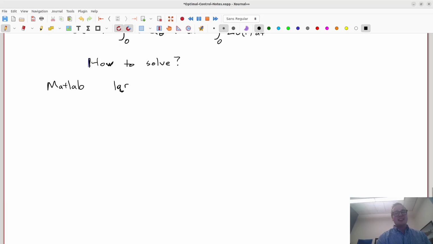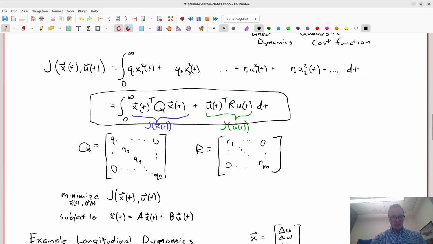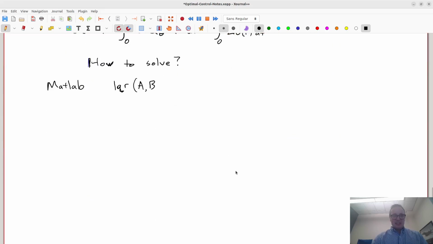So it's an LQR problem, linear quadratic regulator, and we can call the LQR function and feed in the things that we need to define the problem. To define it, we need an A matrix, a B matrix, a Q matrix, and an R matrix. And indeed, those are the arguments to this MATLAB LQR function.